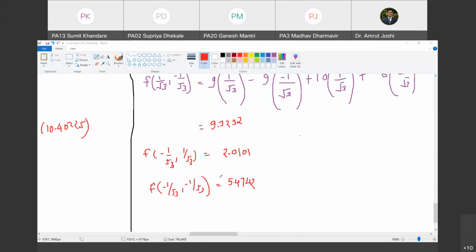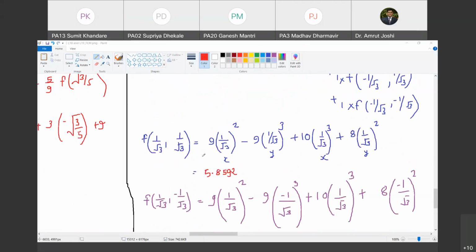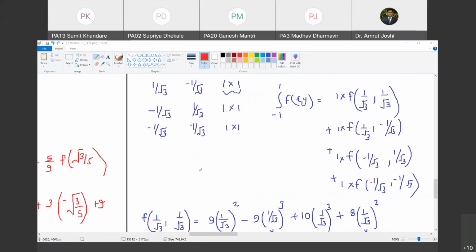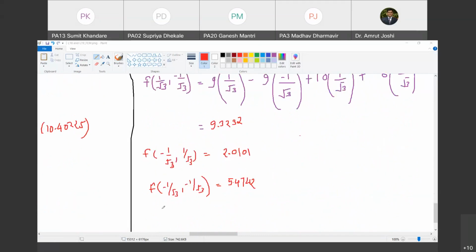Yeah, so we calculated the values of this function at all the four locations where we wanted it. And now what is integration f of x y dx dy from minus 1 to 1, double integration.